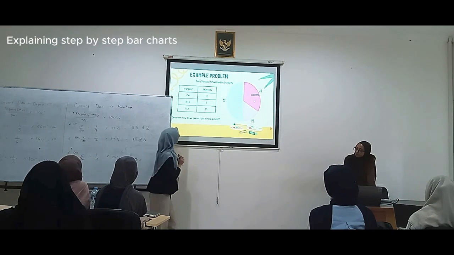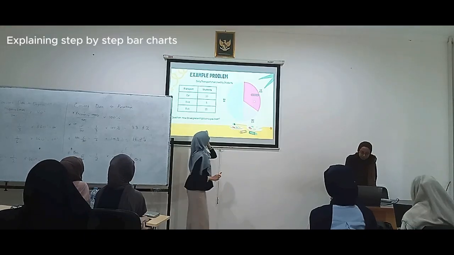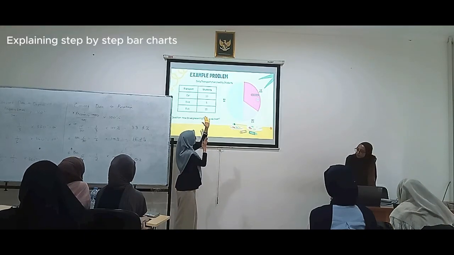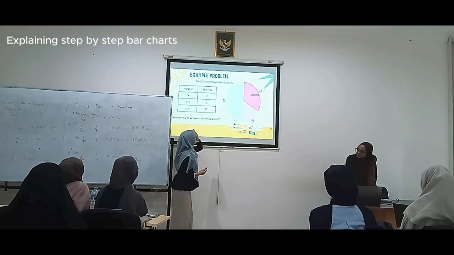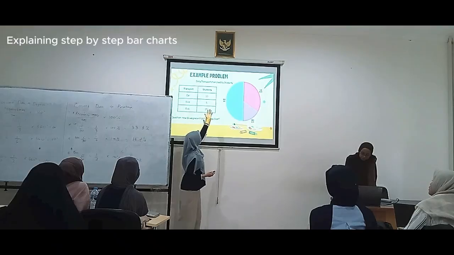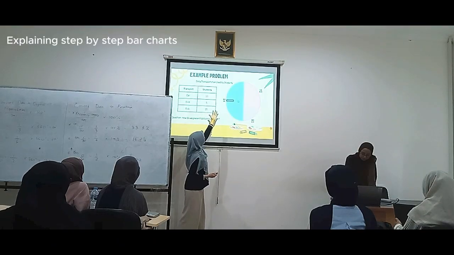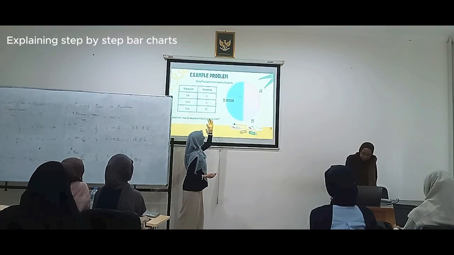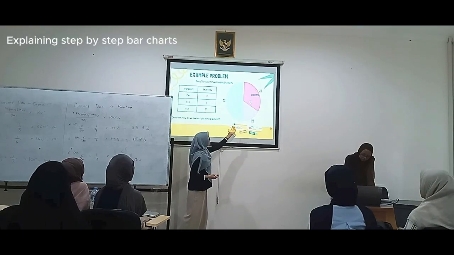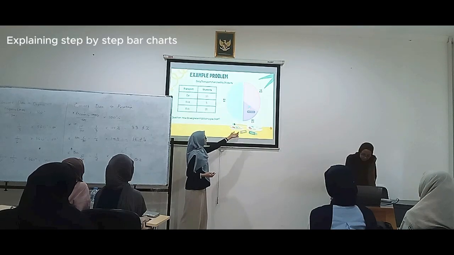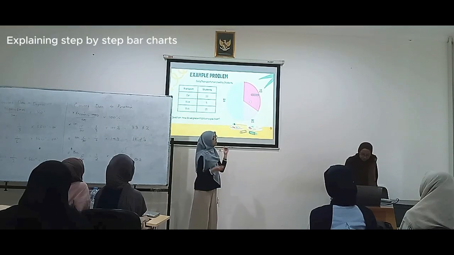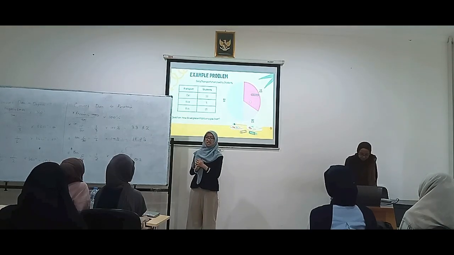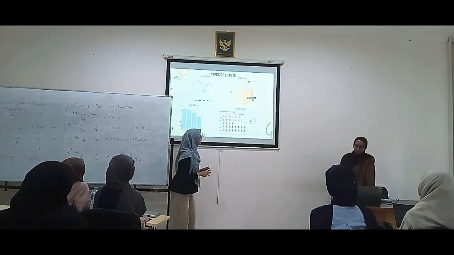And then give a name to each slice of the circle, like this: bus is 50%, bike is 16.7%, and car is 33.3%. Any questions? No. Okay, next.